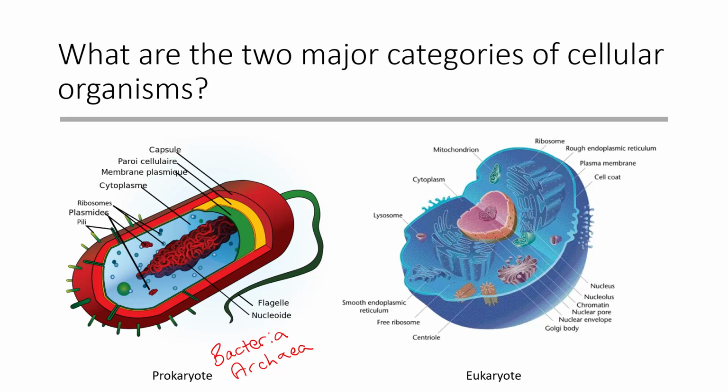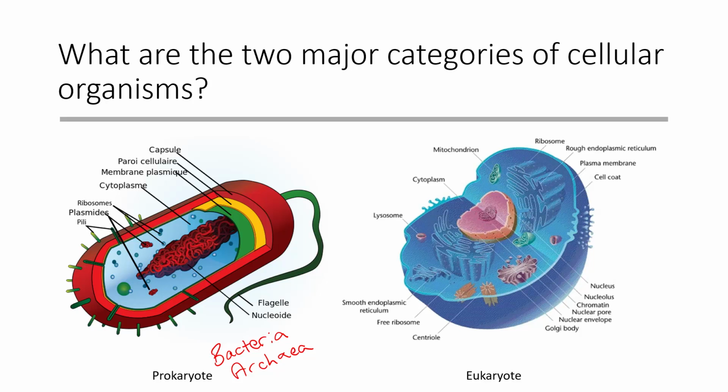I'm sure you've heard of bacteria before. Bacteria like E. coli, Salmonella, strep, like strep throat, staph, if you get staph infections. Those bacteria are single-celled organisms, and they're very simple in structure. They're prokaryotes. So they have their genetic material. They have these little organelles called ribosomes, which are going to help them make proteins.